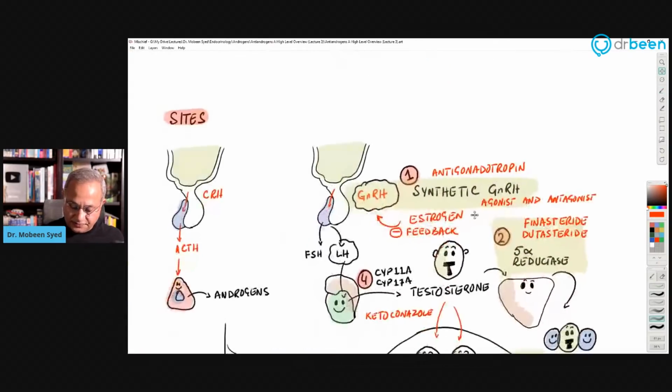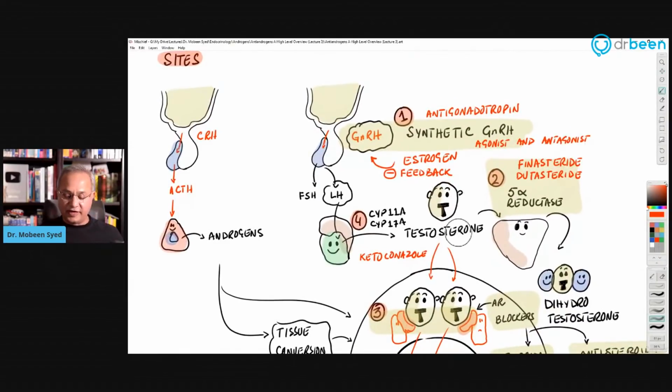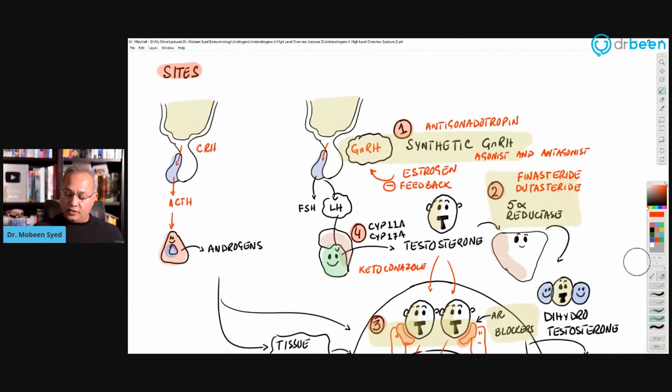So let's go there. Sites of actions. Starting from here, hypothalamus. So gonadotropin releasing hormone, GnRH. Pay attention to this one, because this is the only tricky one out of all of them.